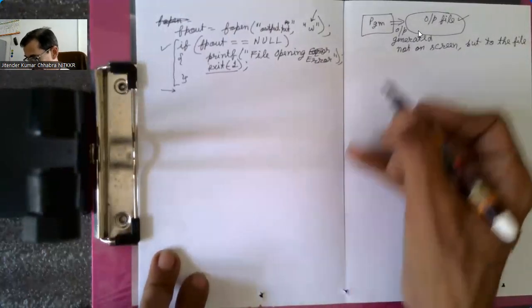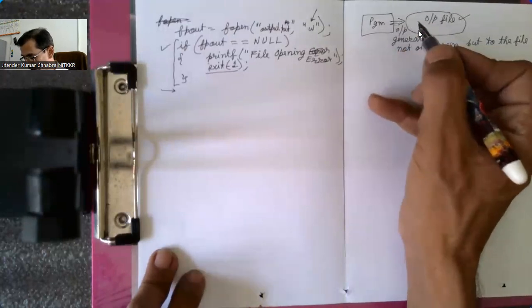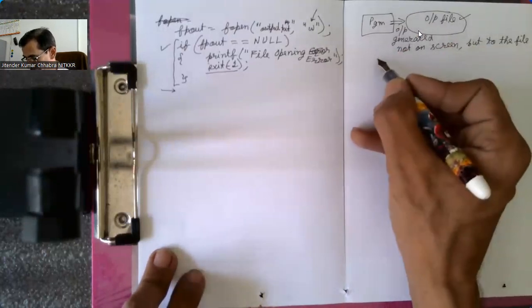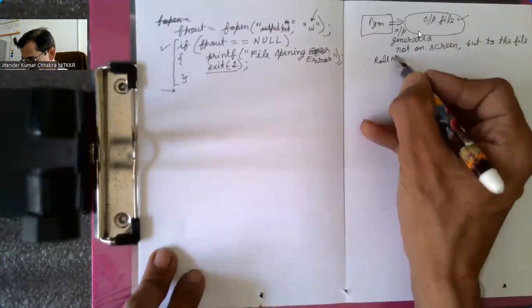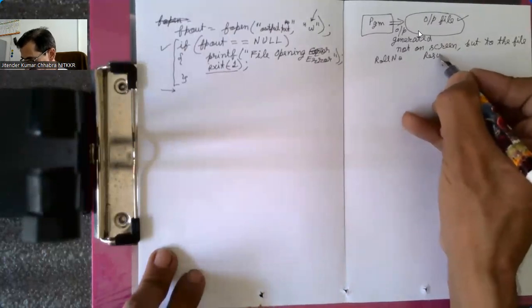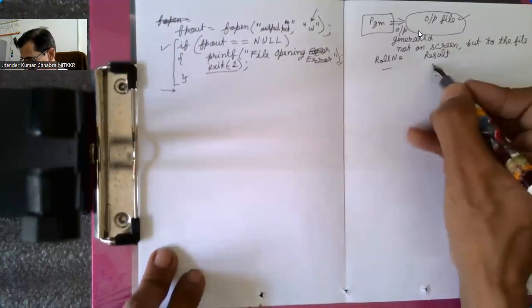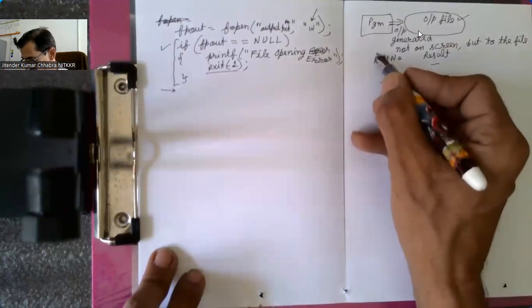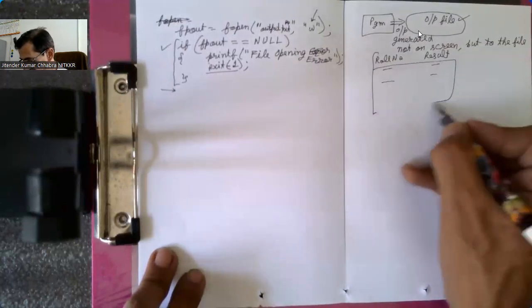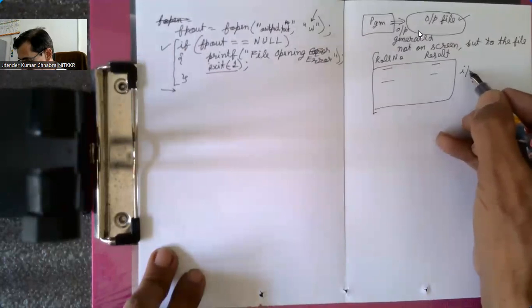For example, if my program has generated the result of students, I could say, okay, roll number this, result this. So you could store all your data, roll number, results, marks, all this data, in the output file.